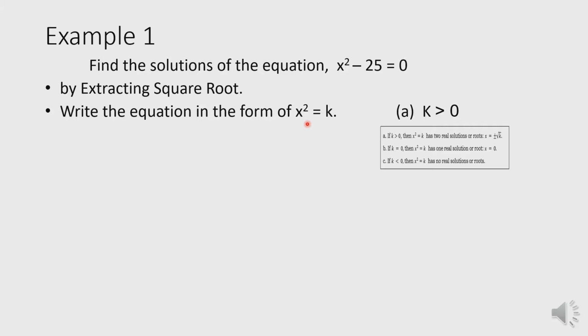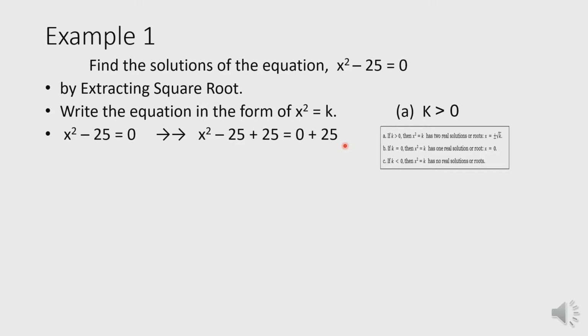So in here, if you rewrite it into this form, from the given equation, we have x squared minus 25 equals 0. That would become x squared minus 25 plus 25 equals 0 plus 25.